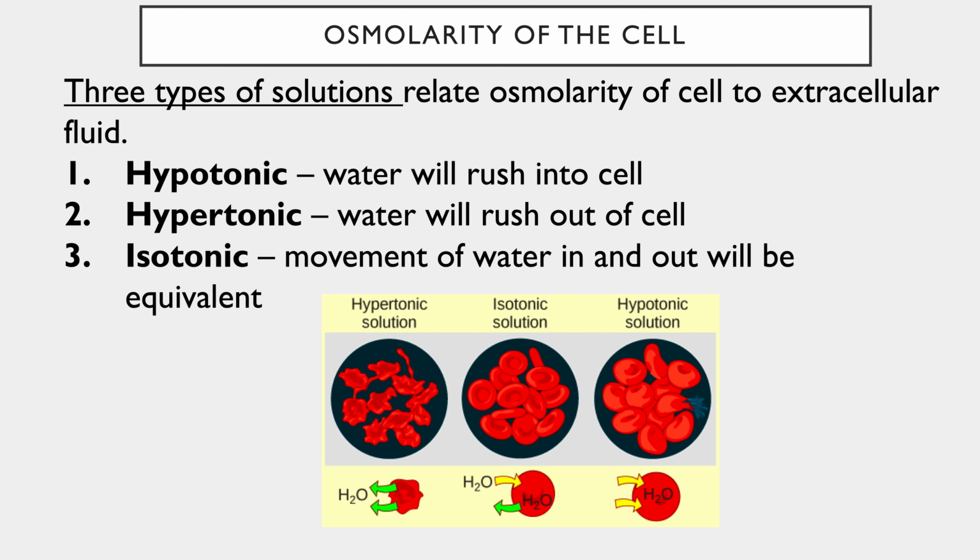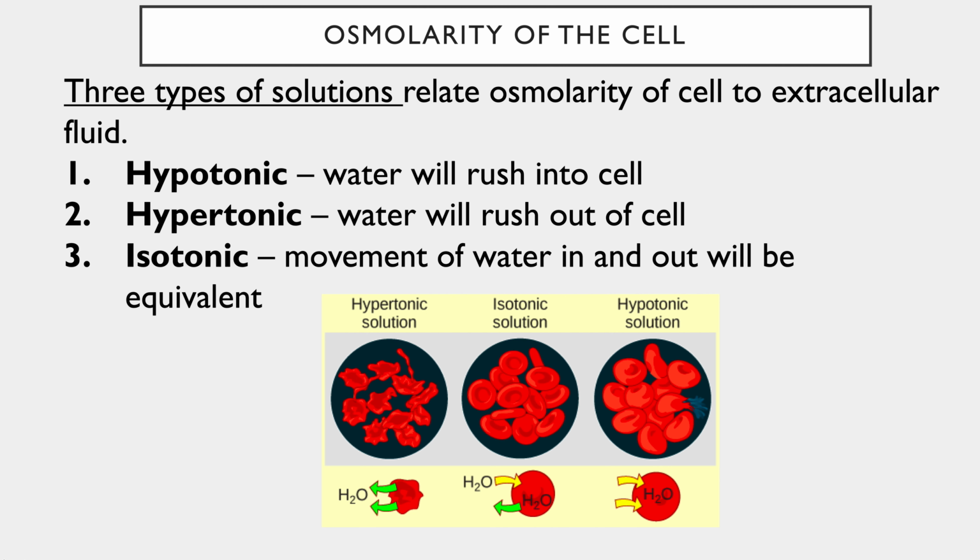You have high concentrations of solutes outside of the cell compared to inside of the cell. And water will rush out of the cell to equalize those concentrations, and it basically shrivels the cell, and those cells will become misshapen and not function like they normally should.